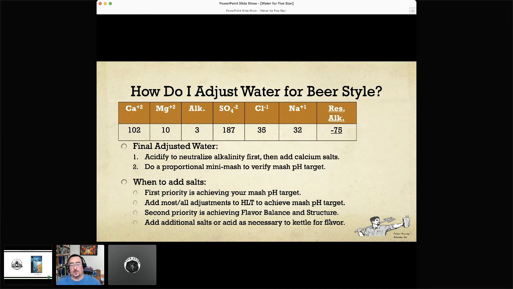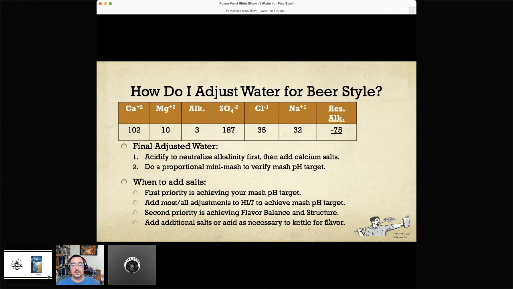I like to do all of my water additions to my hot liquor tank and then brew with that water throughout the process. But many of you don't have that luxury of having a hot liquor tank that you can change once and brew with. Some of you are doing multiple brews per day, and that hot liquor tank is being partially drained and partially refilled throughout the day, which makes one addition kind of impossible.